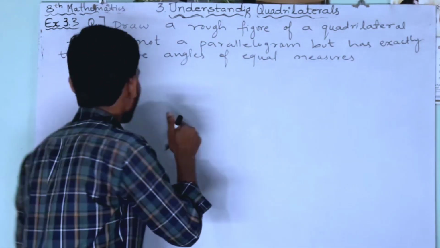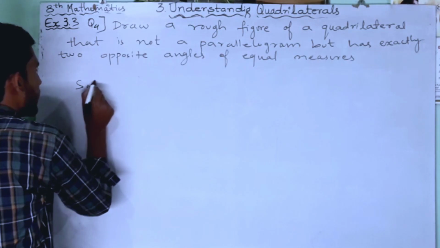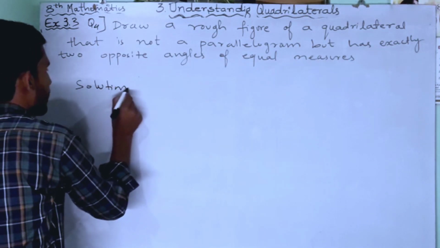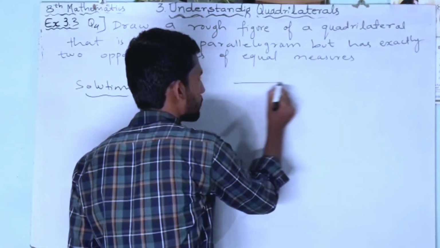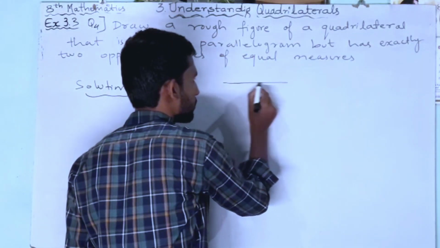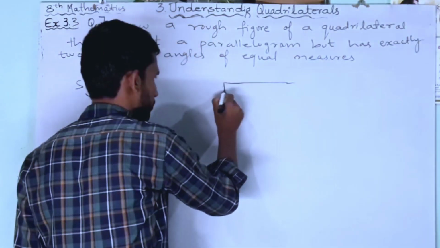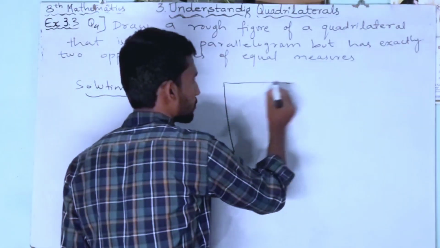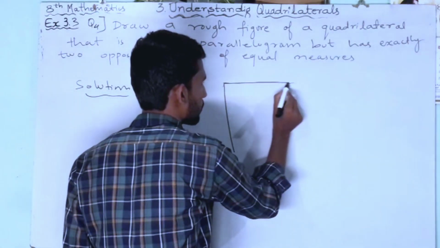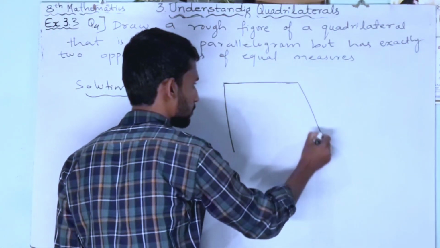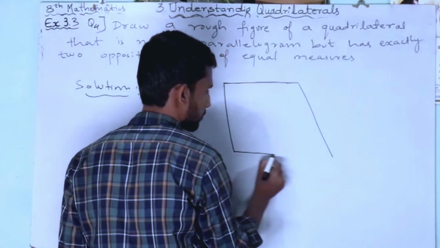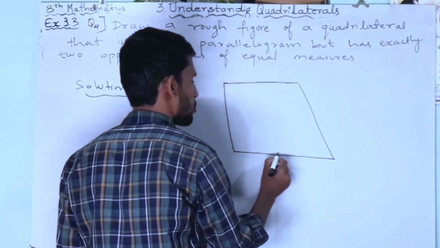Okay, let us see. I am drawing here one figure for a quadrilateral. These two are equal.